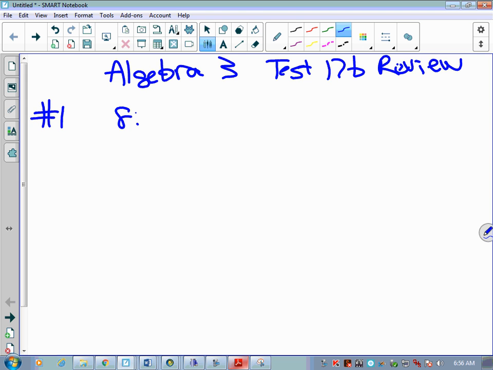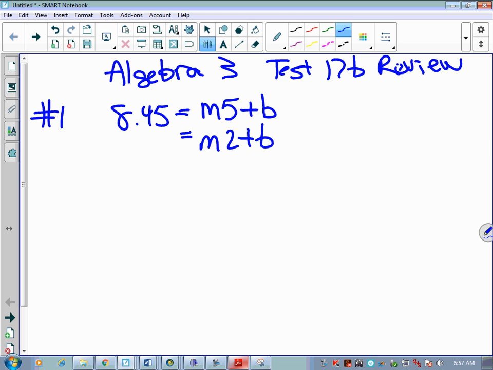So $8.45 equals M5 plus B. And in our second one, it was 2 pounds, and our price was $3.38. From here, we're going to cancel out B so we can solve for M. So we're going to subtract those two things.